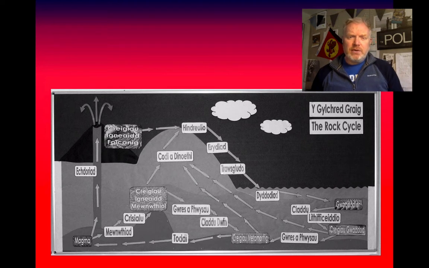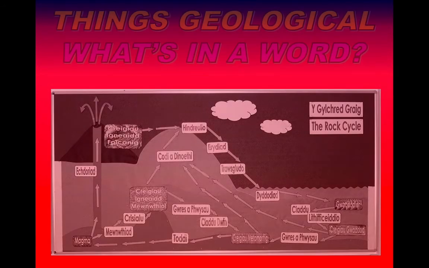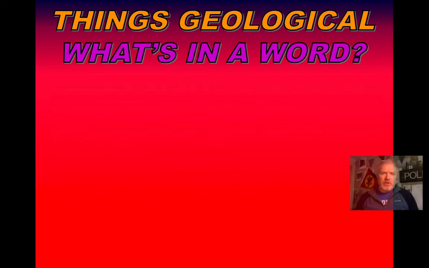Once you have, can you then work out if those, for the processes, not the rock types, but the processes, are catastrophic or gradual? Put those together and see what you come up with. Once we've done that, we need to go back to what's in a word.